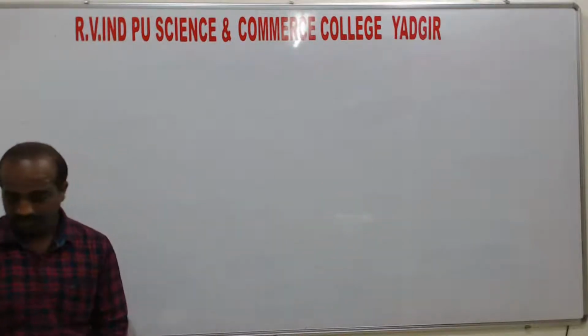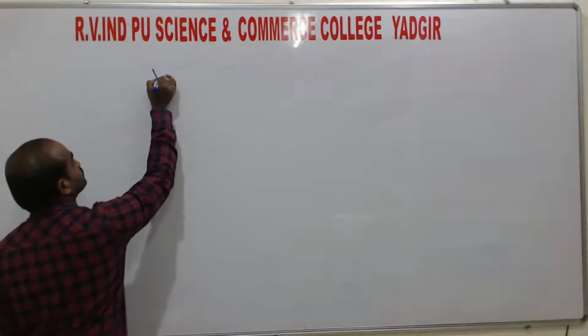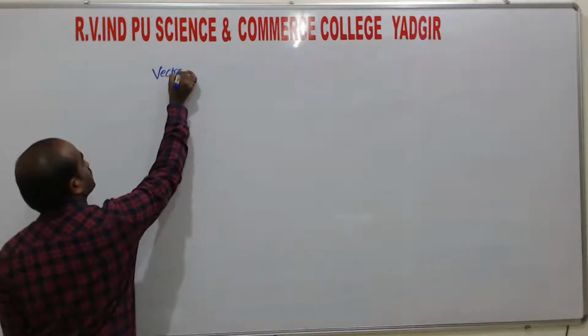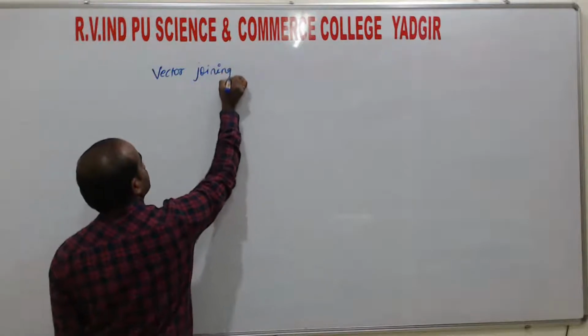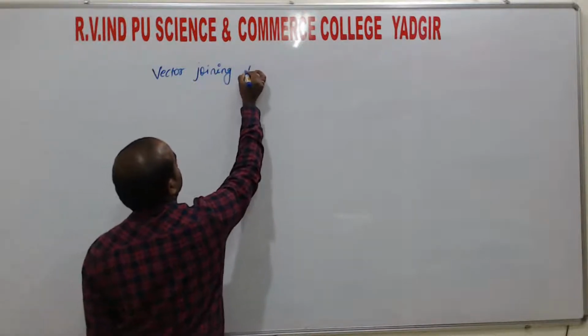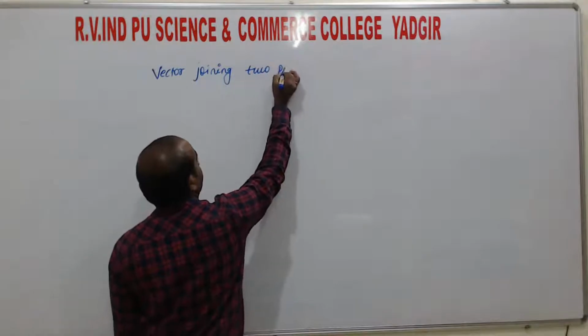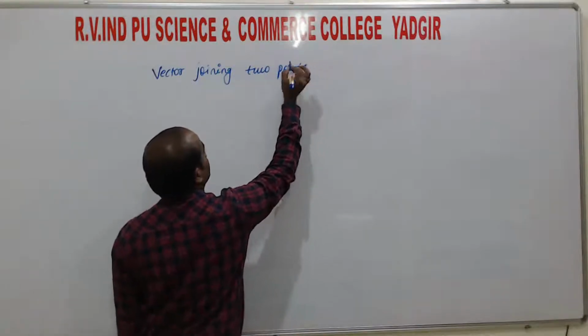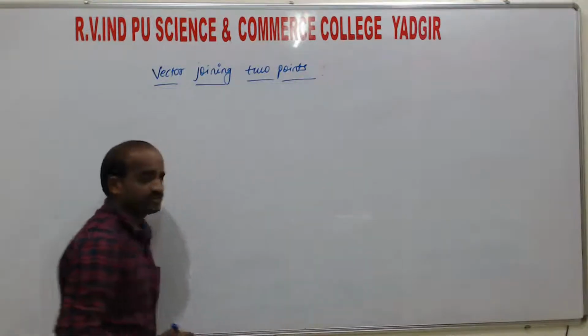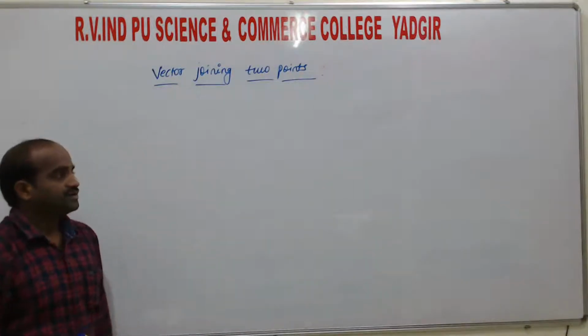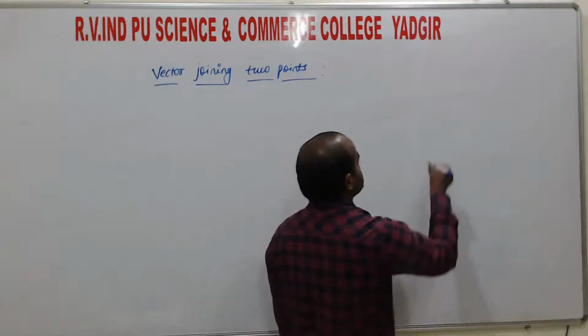Vector joining 2 points. First, you have to consider the 3-dimensional space.